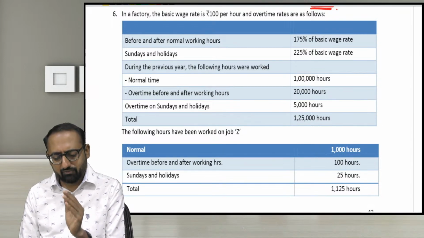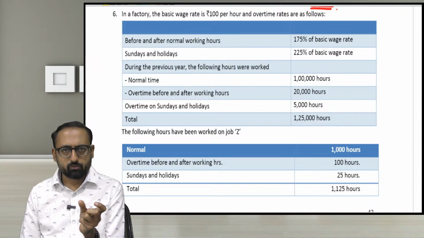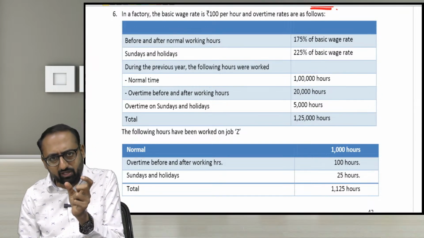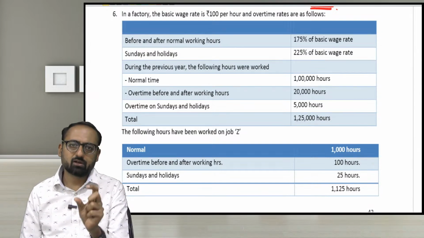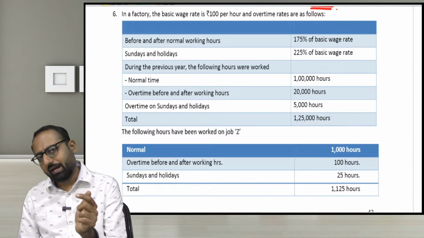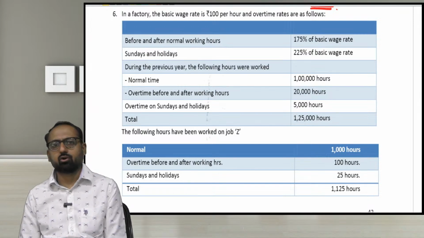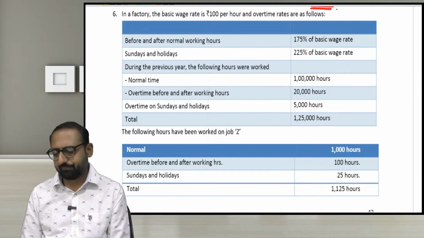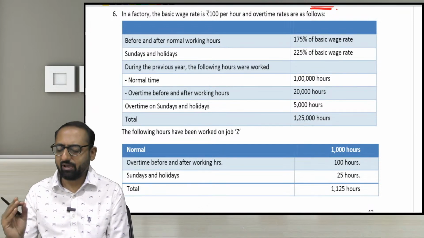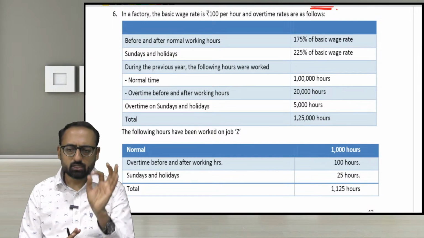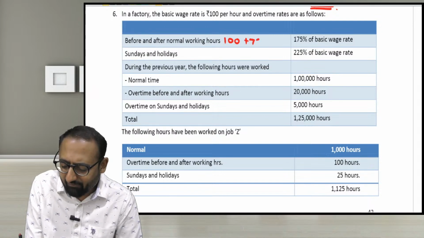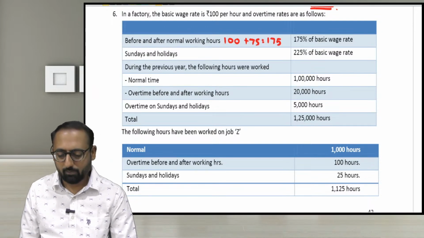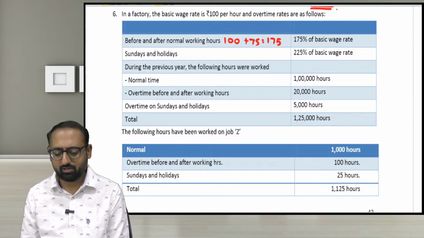If the worker is working before 10 o'clock or after 6 o'clock, you will have to pay 175% of the basic wage rate. In this situation, 100 will be the basic wages and 75 will be the premium. Total payment will be 175.